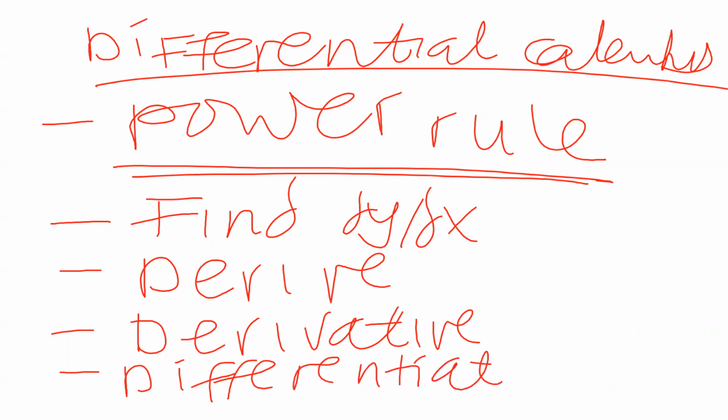Can you just say differentiate the equations? All these are the commanding words. They just mean basically the same thing. So once you are given an equation and told to derive, find the derivative, or differentiate, they just mean the same thing.